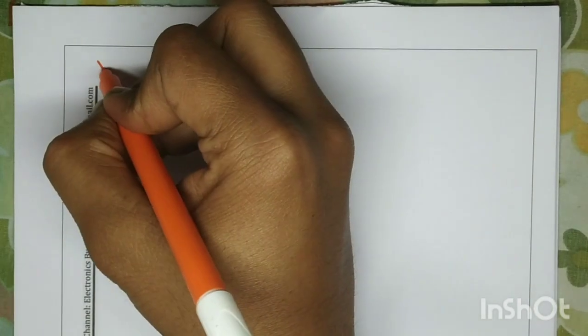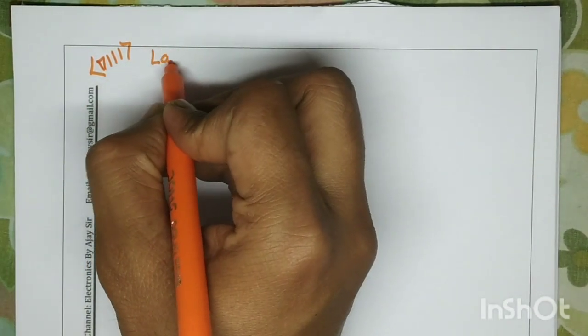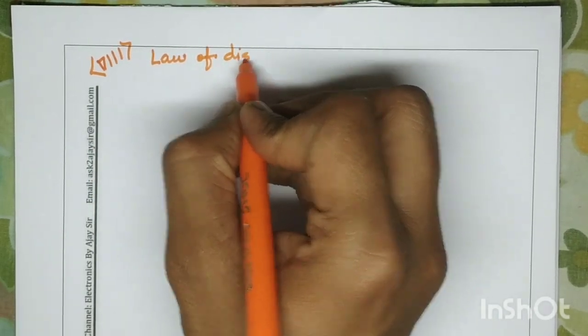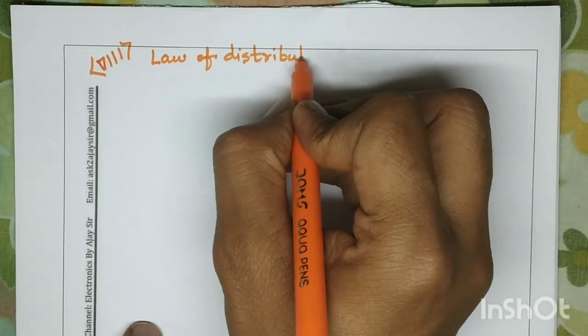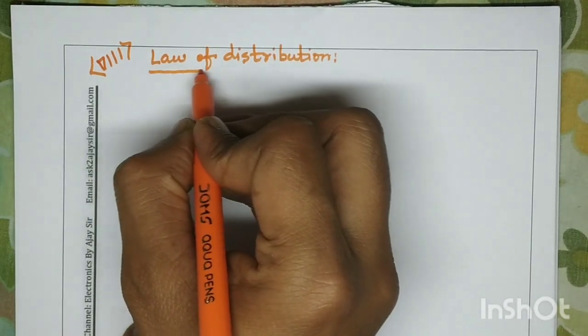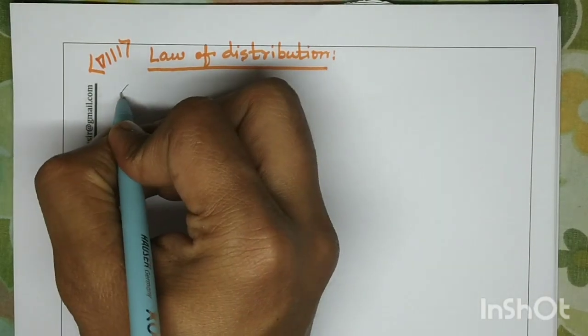Okay. Next law is called the law of distribution. In the law of distribution, we have two laws.